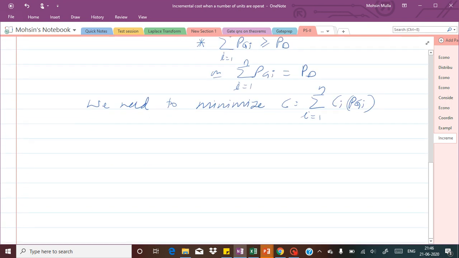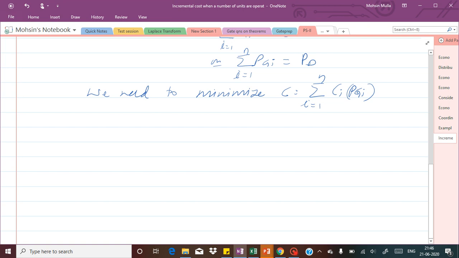Now to do this, there are different techniques. One of the techniques is to use the Lagrangian solution. So here we will employ the Lagrangian technique.